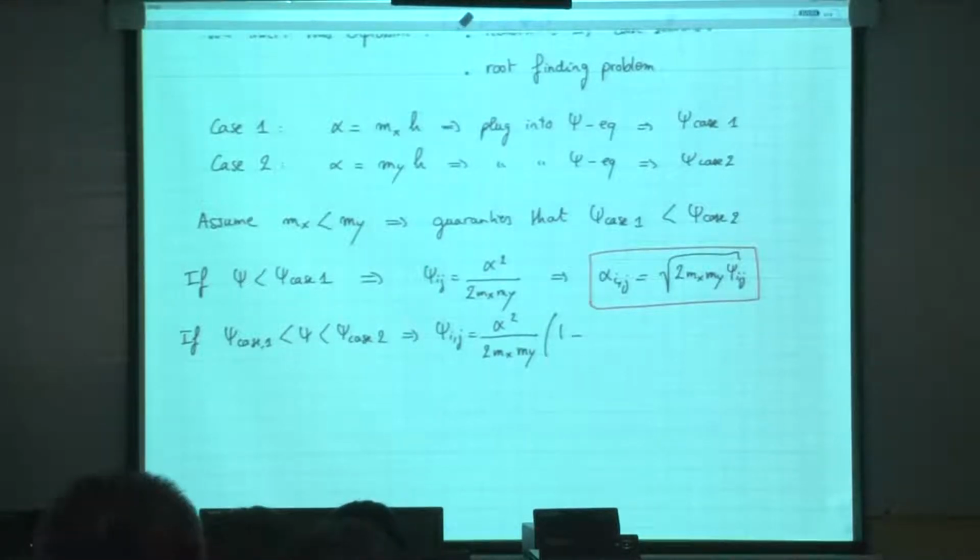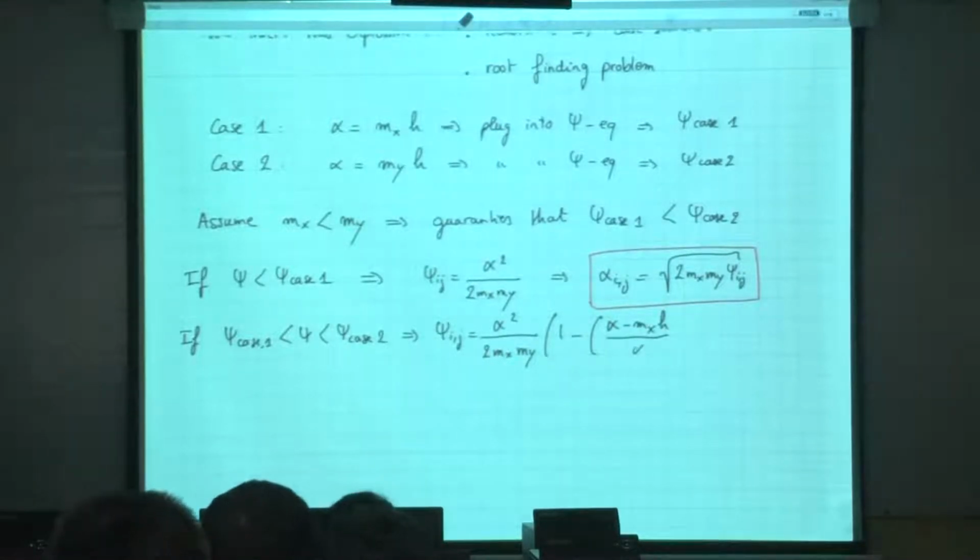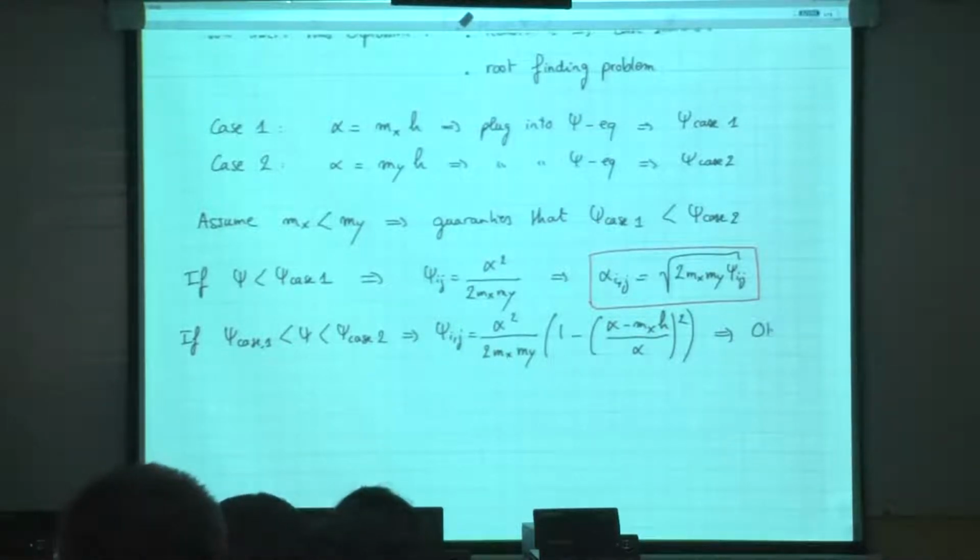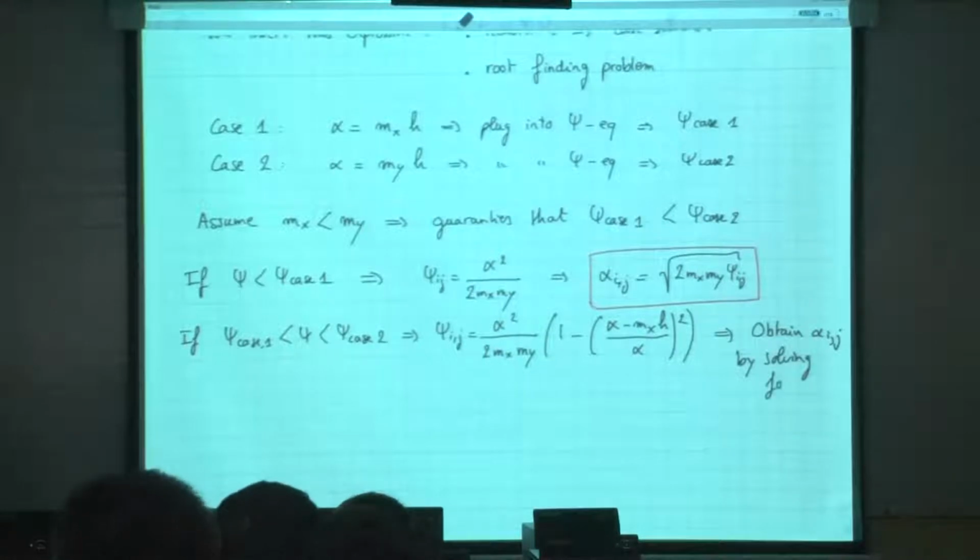I have only the first Heaviside that turns on. So it's alpha minus mxh over alpha squared. So this is my relation. Well, let me just say obtain alpha sub ij by solving for it.